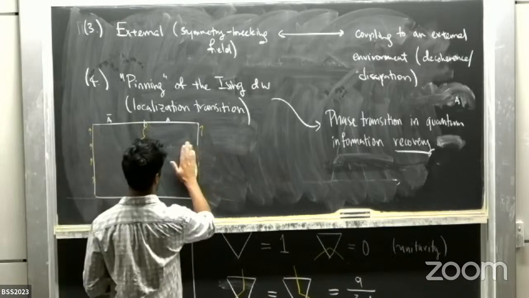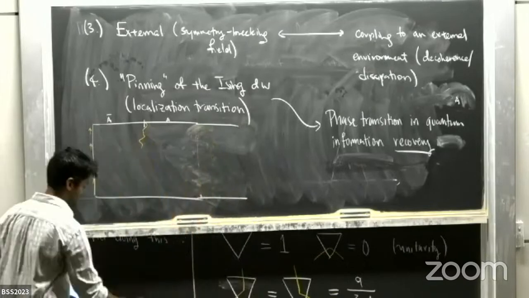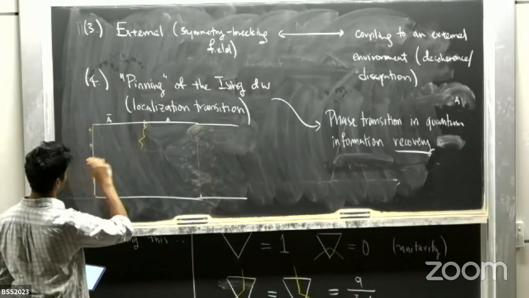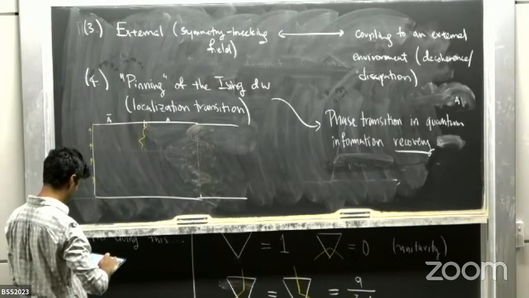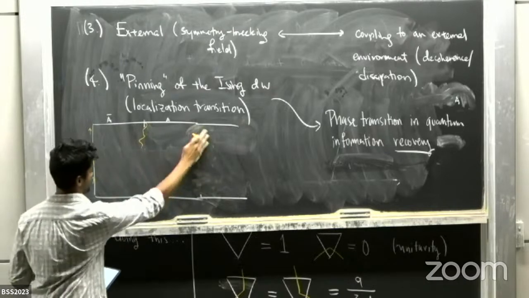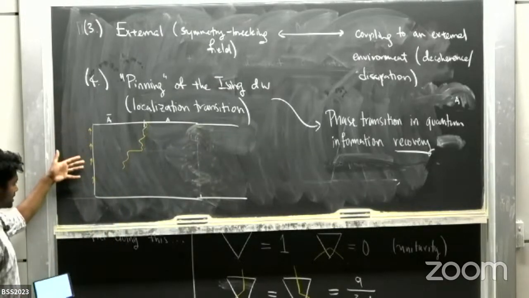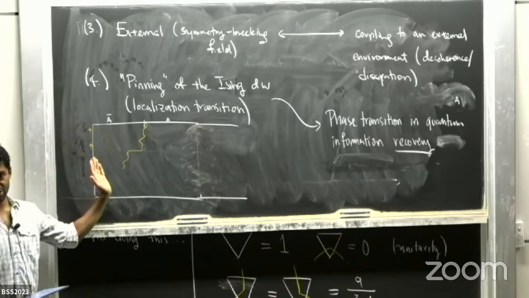So let me neglect this boundary for now, in the interest of time and simplicity. Let me just leave it schematically, and I can discuss this offline. So we have an Ising domain wall, and the Ising domain wall can either end at this interface or be pushed out at this interface. And the strength of the dissipation acts like the strength of the potential for the Ising domain wall.